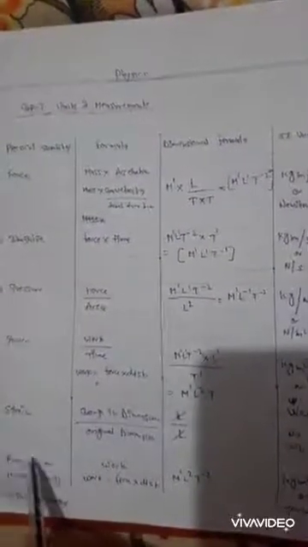So the SI unit of energy is joule. Even if you talk about simple energy, kinetic energy, or potential energy, any kind of energy has the SI unit joule.